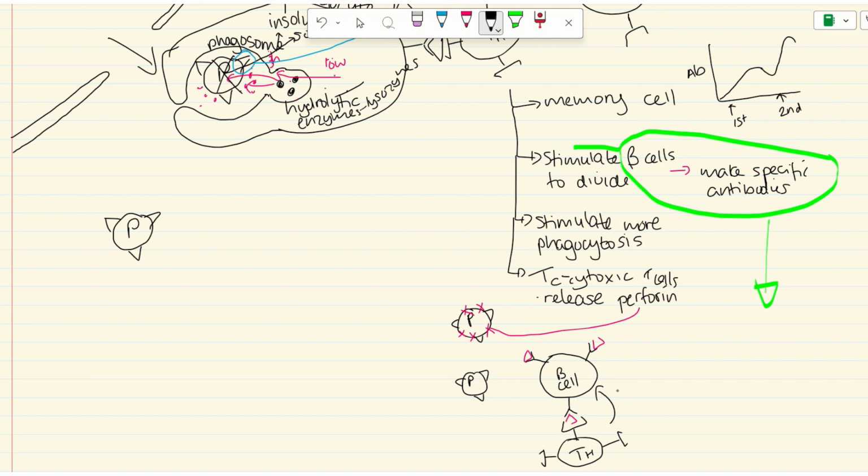So the T helper cell activates this B cell to make lots of copies of itself by cloning. Sorry, not clonal selection, cloning, by mitosis.